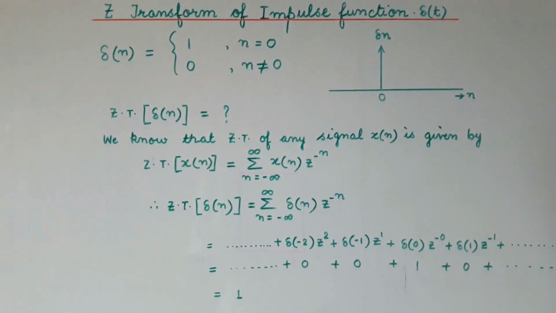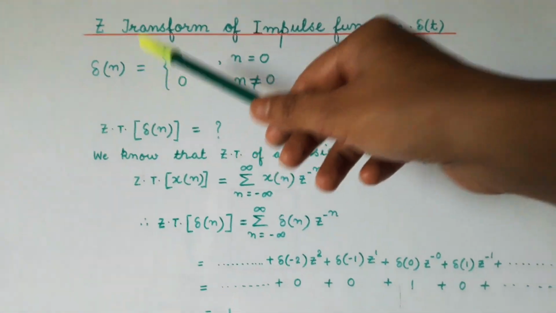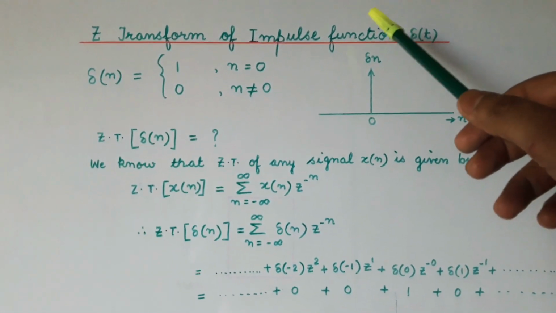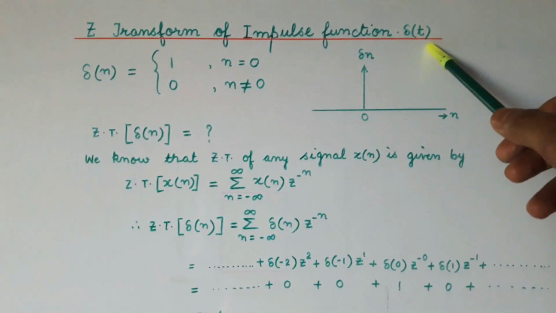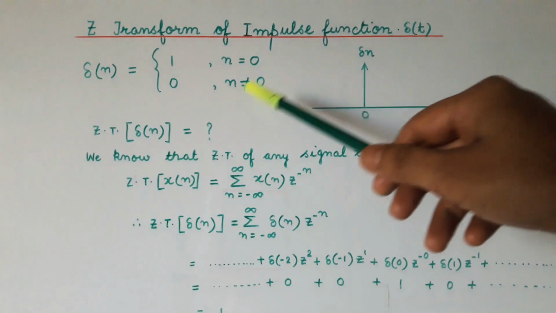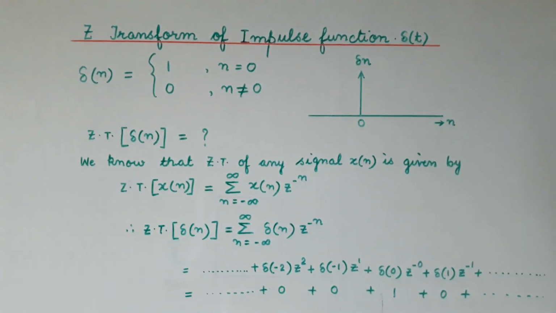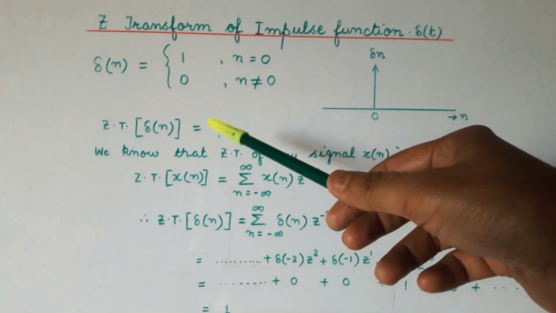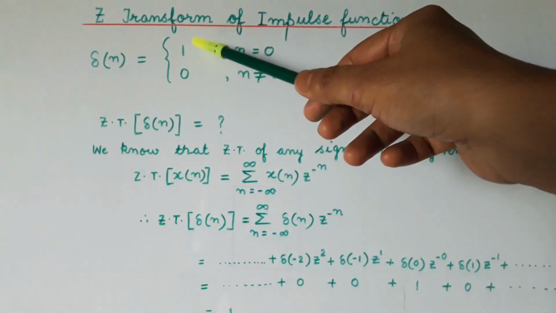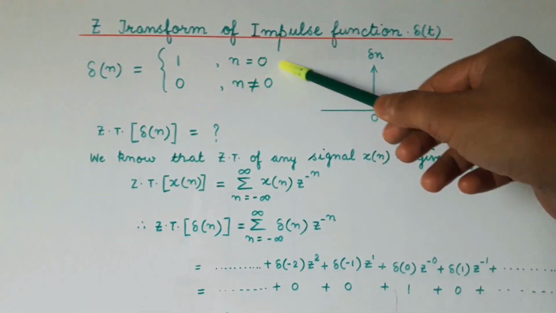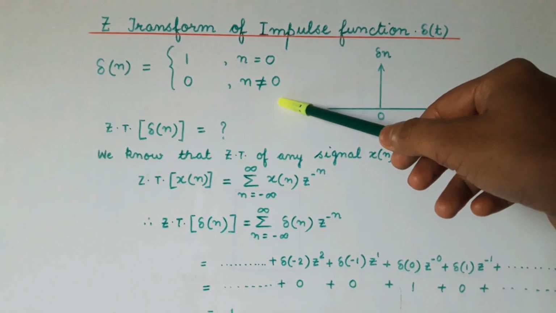Now, we know that a discrete impulse function is denoted by delta n, that is, if an impulse function is denoted in the t domain by delta t, then we will represent the discrete function by delta n. It can be defined as delta n equal to 1 when n is equal to 0, and delta n equal to 0 when n is not equal to 0.